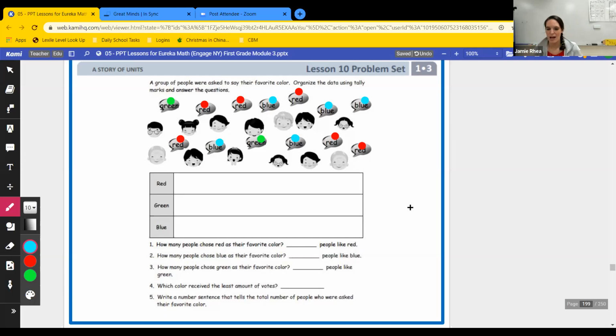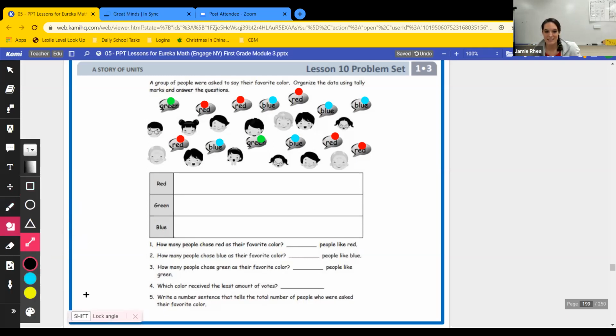Okay, now I can go back and I can count, and I'm going to make tally marks when I see a color. Okay, so let's start with red. I have one red here, one red here, and it doesn't have to be perfect.